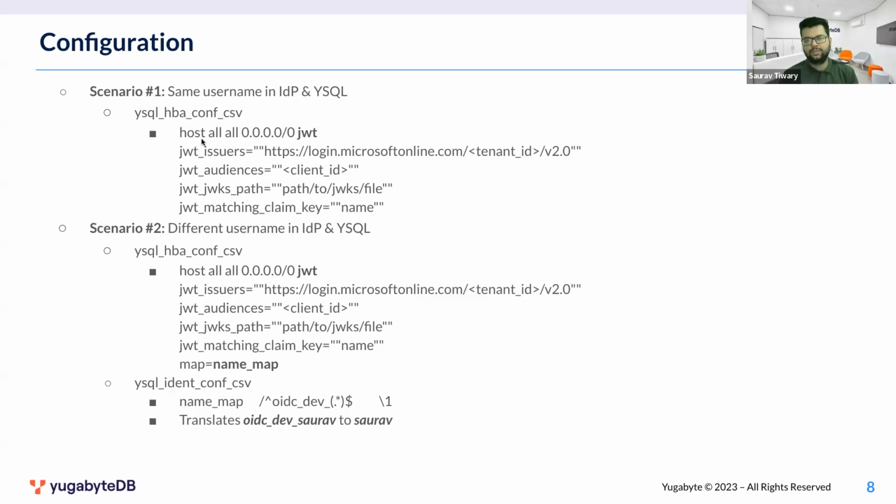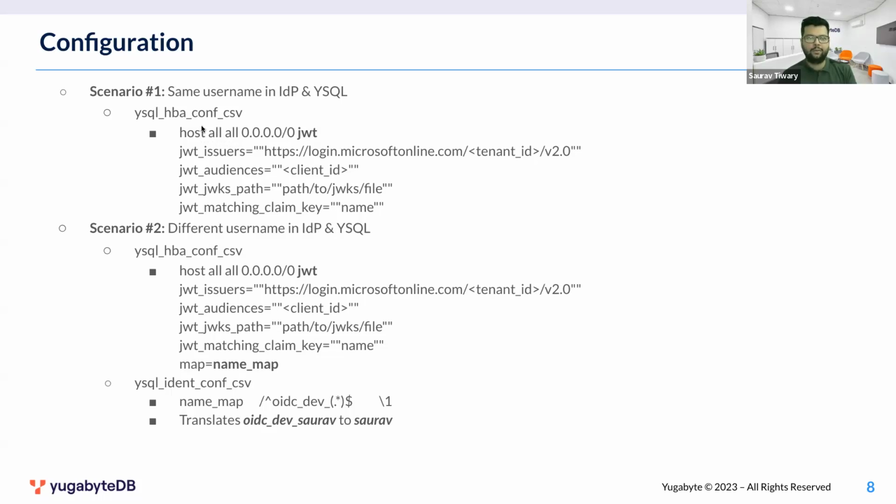You set host to say whether this authentication method should be applied when your clients are on a different node, on a different machine. The other option is local, when the client has to actually SSH into your machine and then log in. The next two are the database and your users.